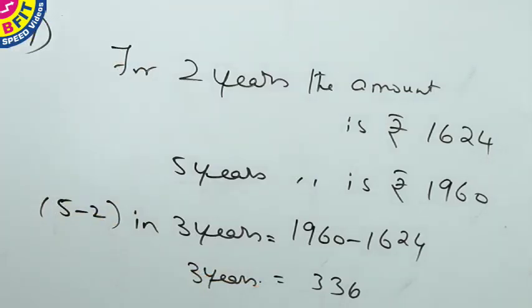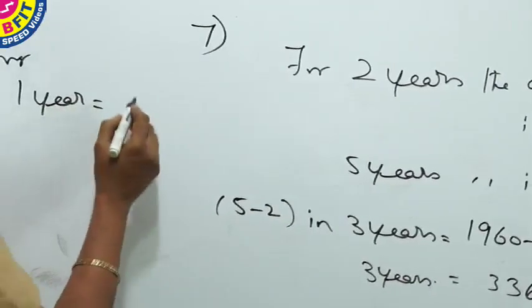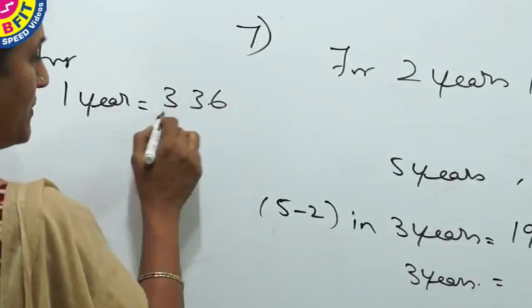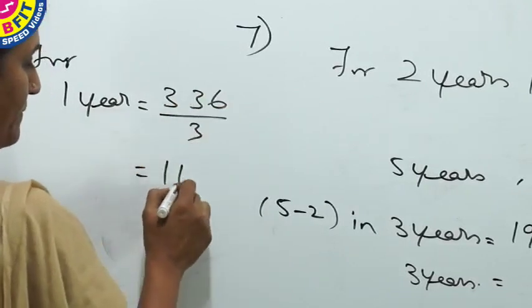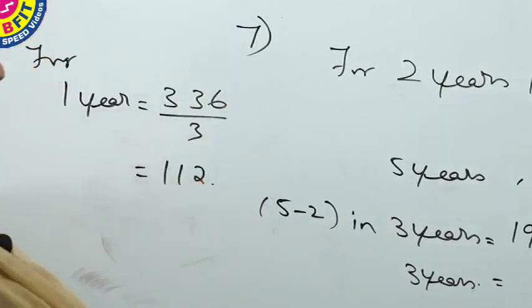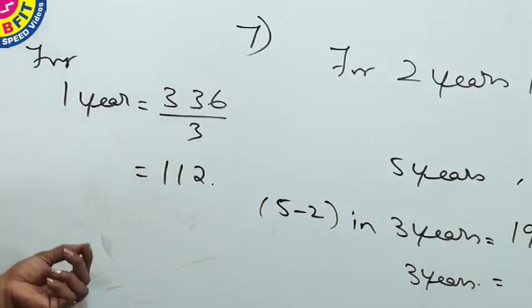So for 1 year, dividing this 336 by 3, the interest got for 1 year is rupees 112.